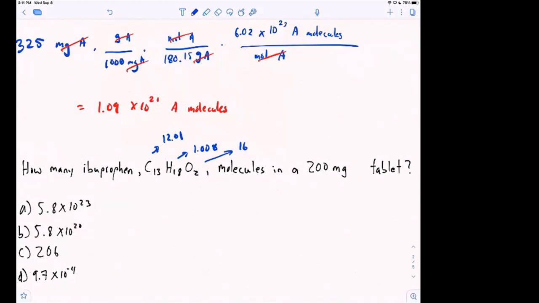So it's 13 times 12, plus 18 times 1 for hydrogen, plus 2 times 16. You sum that together. That number's going to be different. Then it's 6.02 times 10 to the 23. Multiply the top numbers, multiply the bottom numbers, divide, and you just go across.